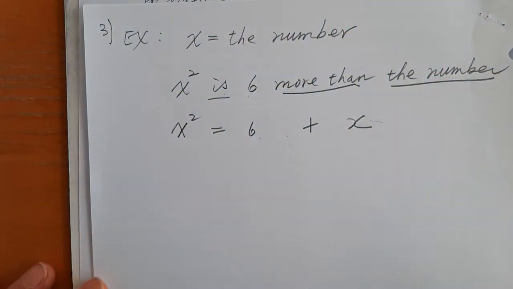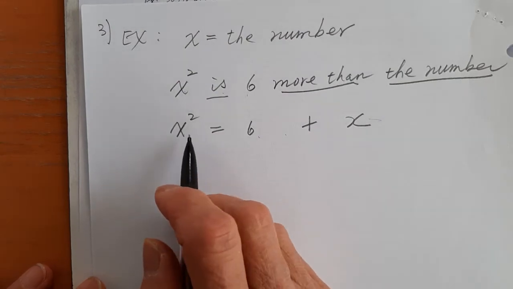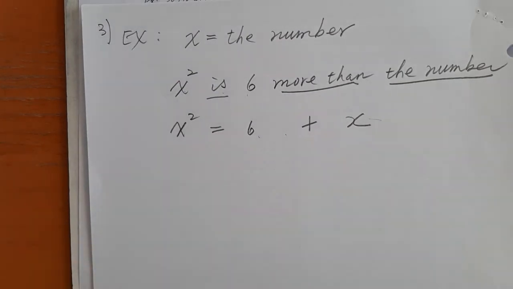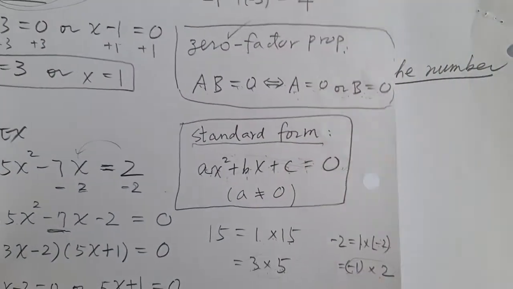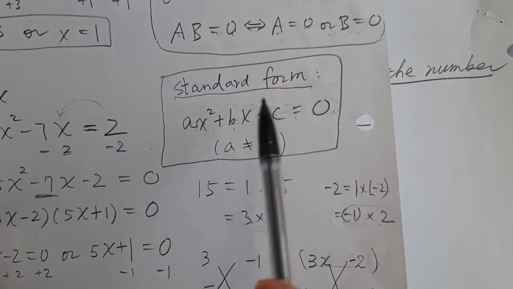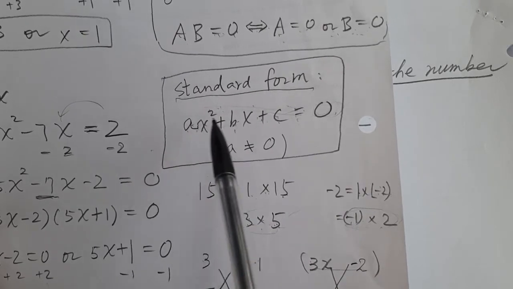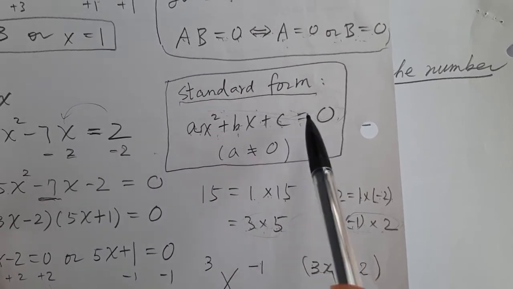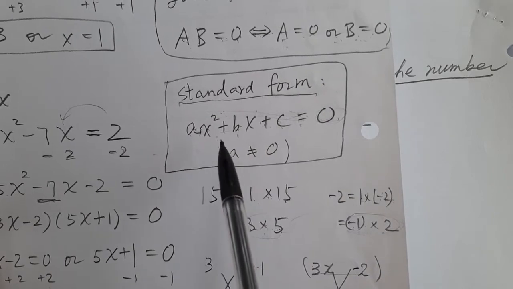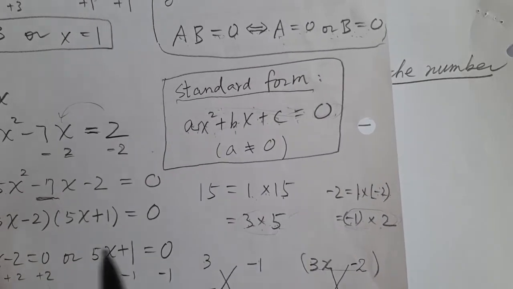Then we solve for x. To solve the quadratic equation, we need to change it to the standard form: all three terms on the left side, the right side should be 0, in descending order.